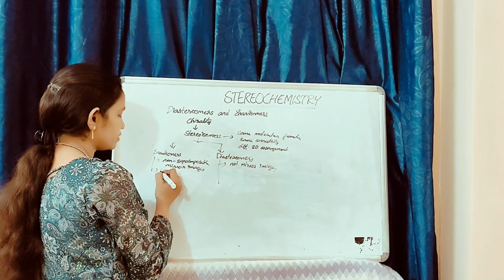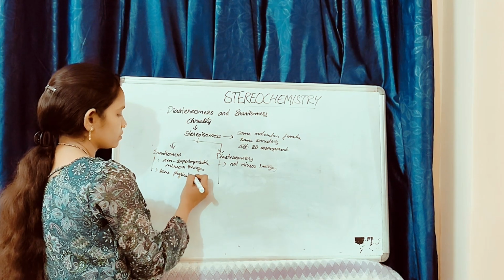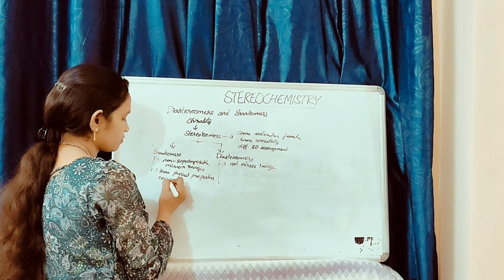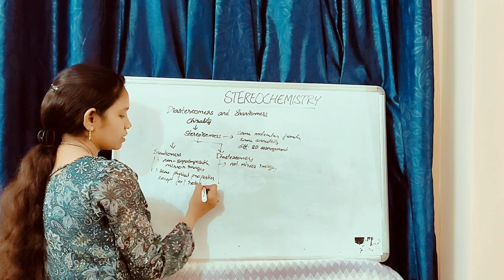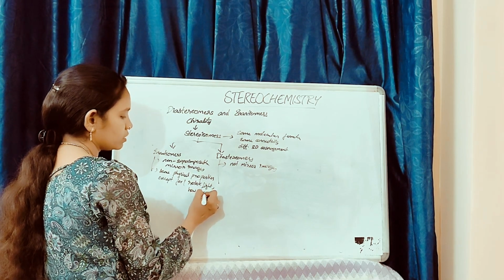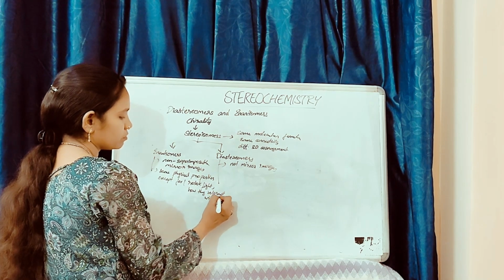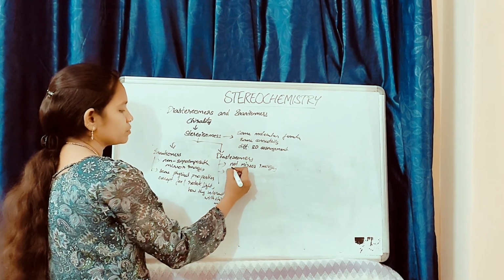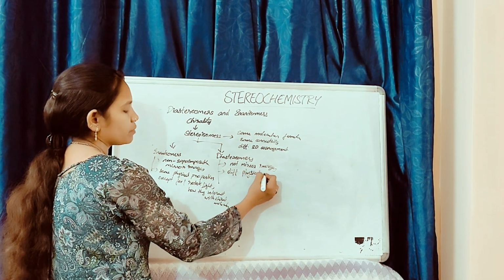Enantiomers have the same physical properties except for how they rotate light and how they interact with other chiral molecules. Diastereomers have different physical and chemical properties.